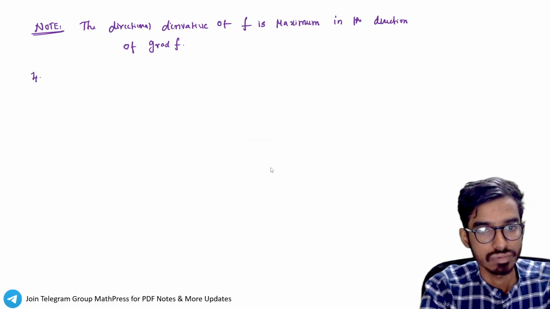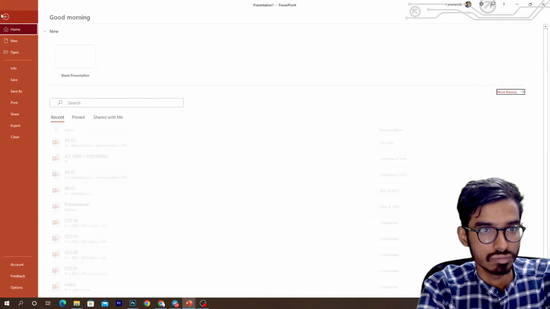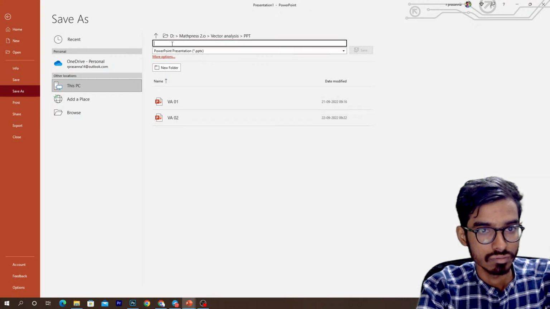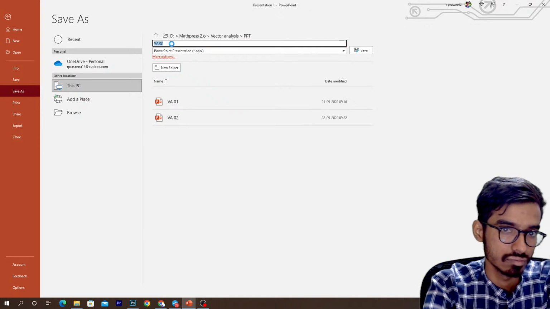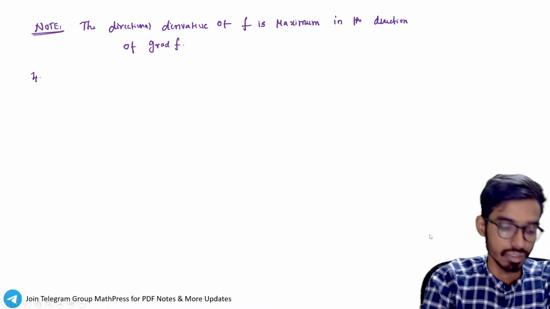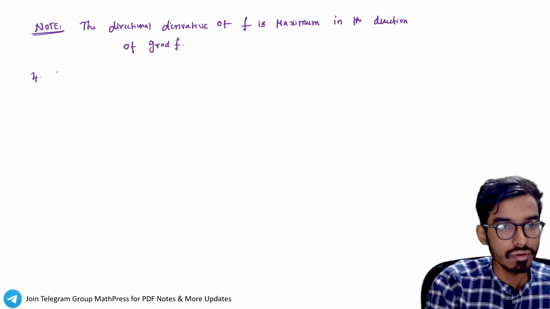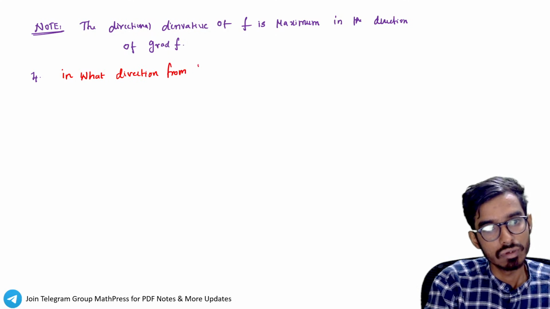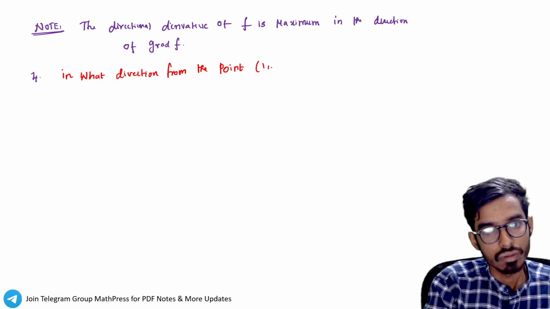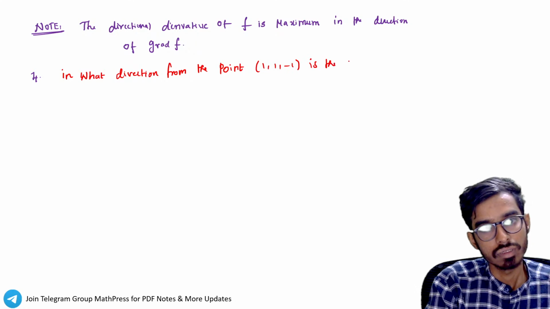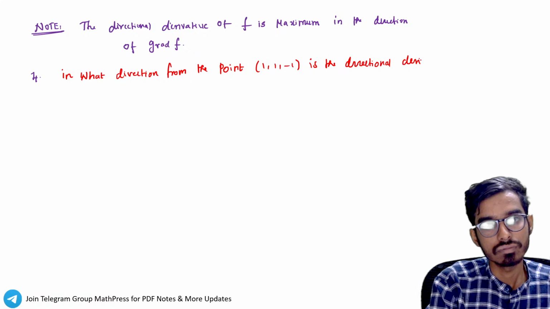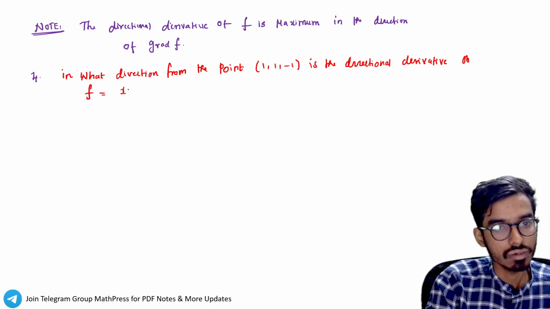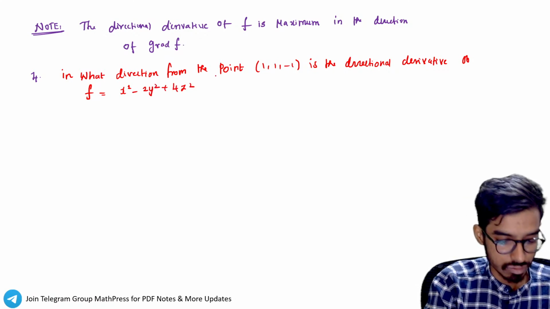So before that, I'll save this. The fourth problem is: in what direction from the point 1, 1, minus 1 is the directional derivative of f equal to x square minus 2y square plus 4z square a maximum?